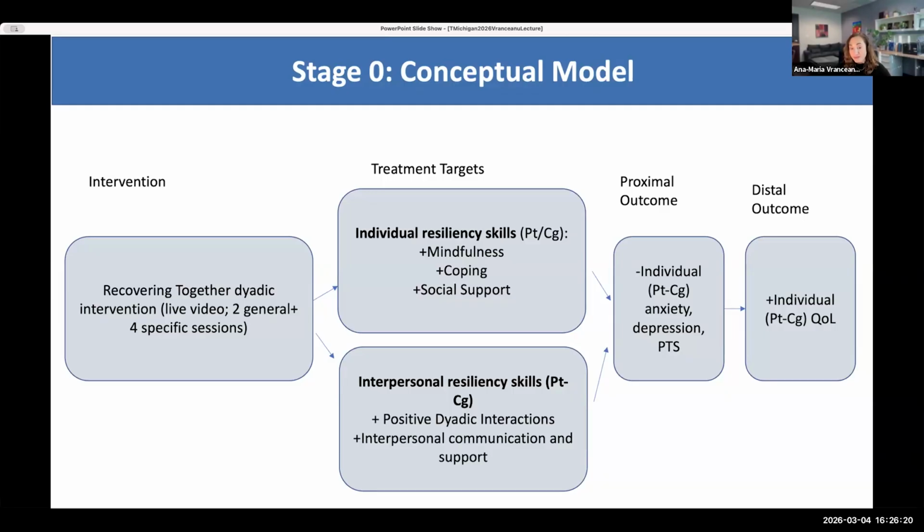So things like positive dyadic interactions, as well as positive interpersonal communication and support. And as a result, we would see improvement in individual patient and caregiver anxiety, depression, and PTSD, as well as dyadic emotional distress. And down the line, we would hope to also see improvement in patient and caregiver quality of life, as well as dyadic quality of life.